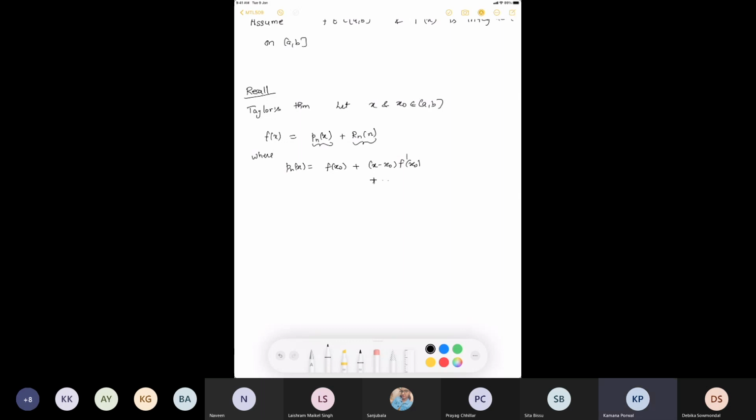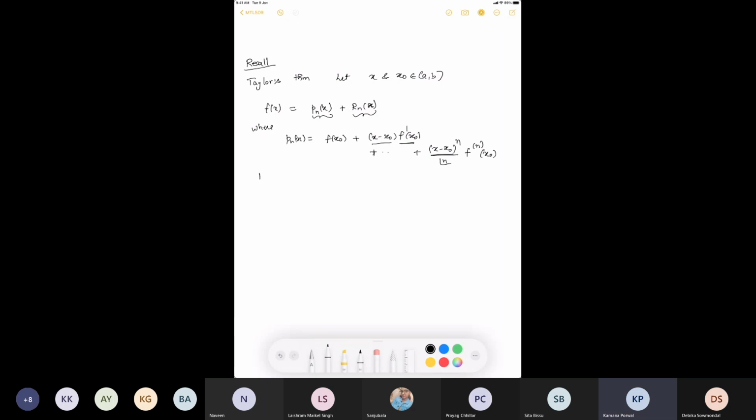So it will go up to, the last term is going to be (x minus x naught) raised to power n divided by factorial n, and nth derivative of f evaluated at x naught. If you pay attention, this is actually a polynomial of degree less than or equal to n, right? Because the f evaluation is actually at some point only, right? So what are the factors which are contributing? It is nothing but the powers of x minus x naught. So this is basically a polynomial of degree less than or equal to n.